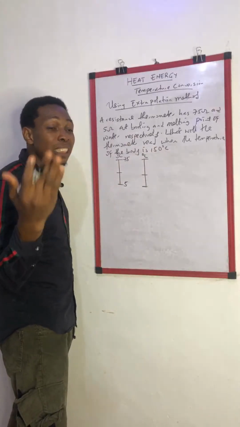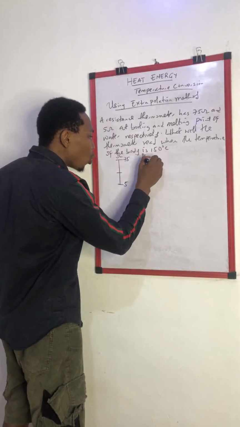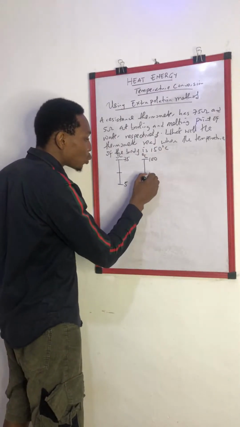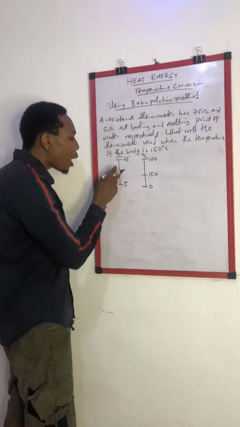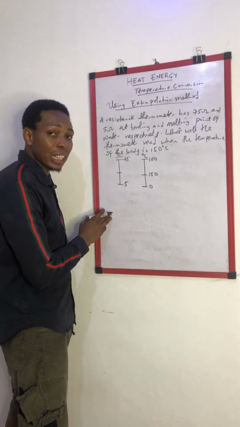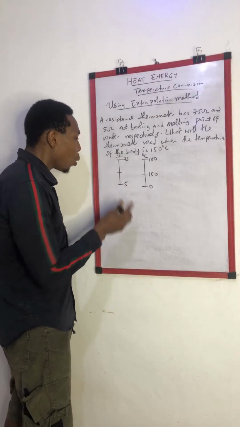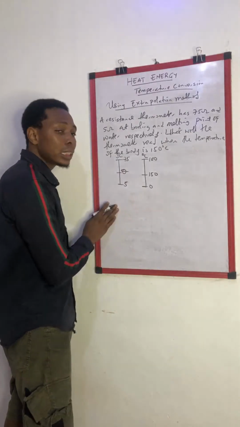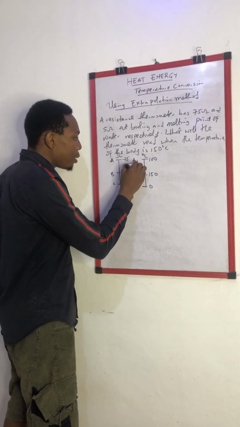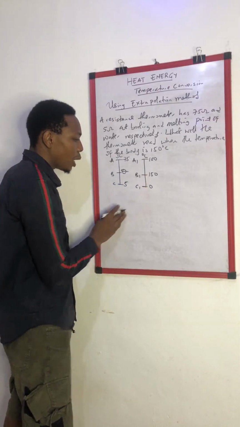When it comes to degrees Celsius, our upper fixed point is 100 and the lower fixed point is 0. The fundamental interval is 150. You are looking for the reading of the resistance thermometer, which we don't know. You can call that theta. So here is A, here is B, and here is C, and here we have A1, B1, and C1.